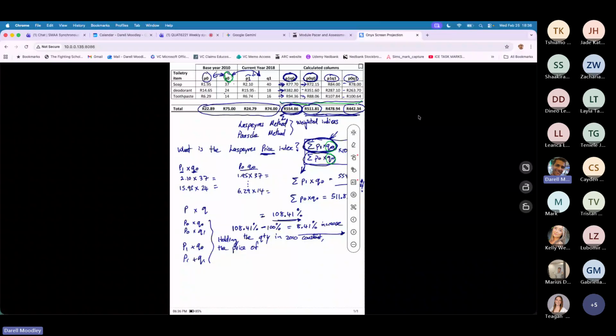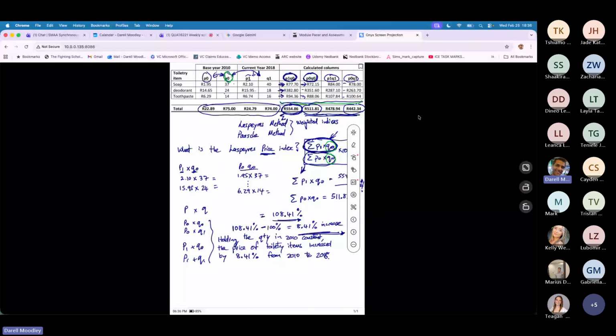So the price of toiletry items increased by 8.41% from 2010 to 2018.